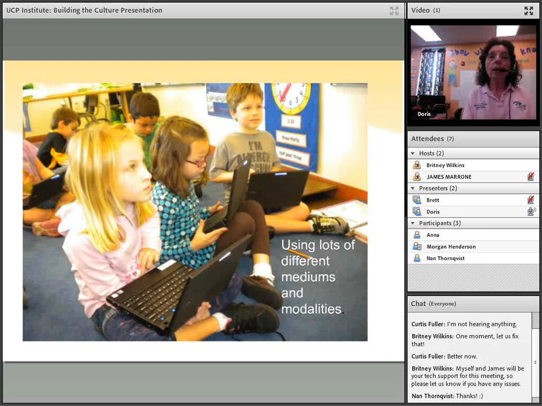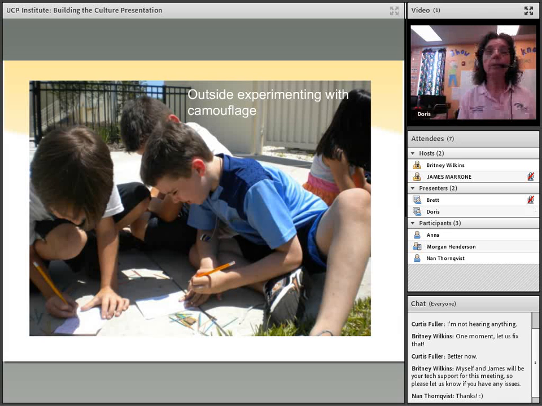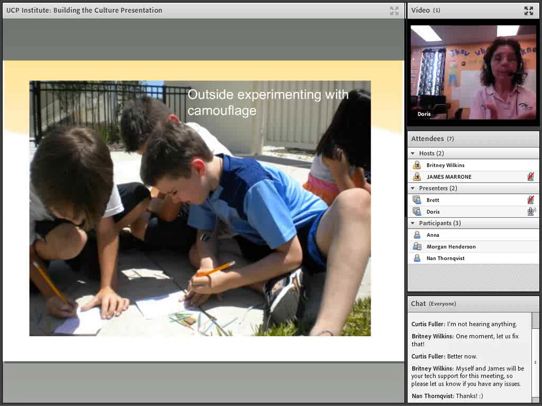Well, when we talked about that camouflage activity, we sat as a group and said, well, we have some students here with physical disabilities. And we as a group made a decision that they should get extra time.